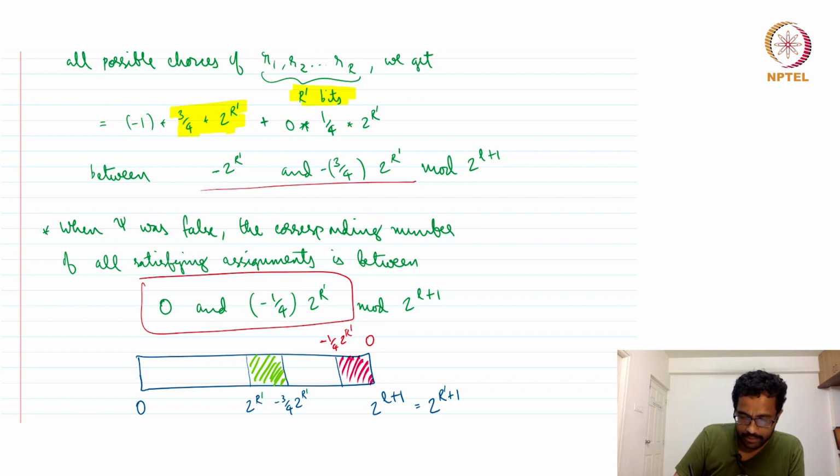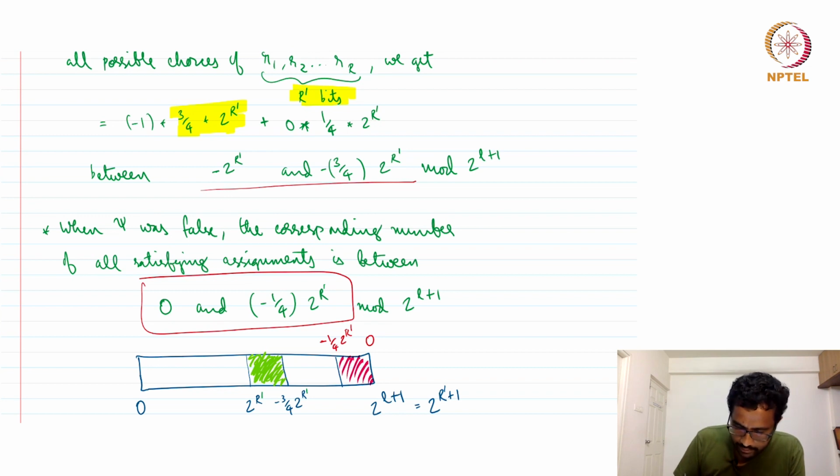Minus 2 power r prime is roughly the midway point, since minus 2 power r prime is equal to plus 2 power r prime modulo 2 power r prime plus 1, and minus 3/4 2 power r prime gives us somewhere here. So the yes instances are in this range. The total number of satisfying assignments in the case of yes instances are in the green range, and the no instances are from minus 1/4 times 2 power r prime till 0.